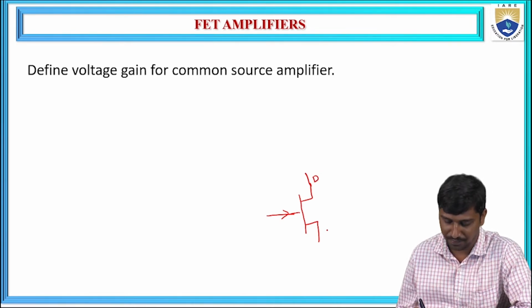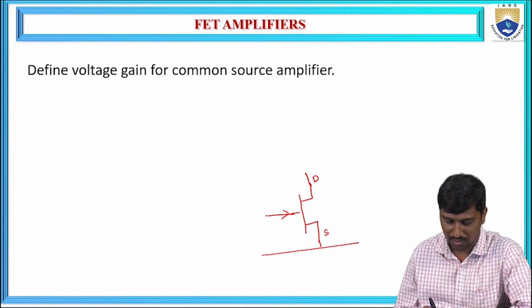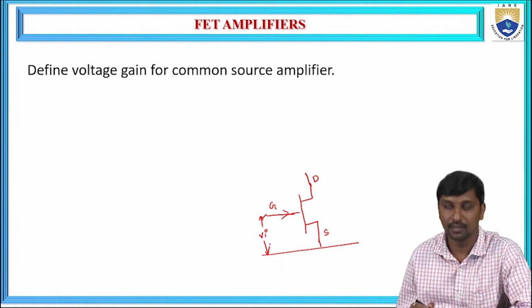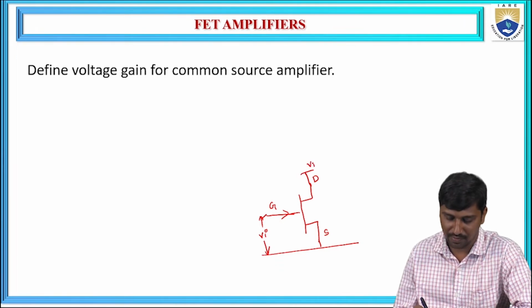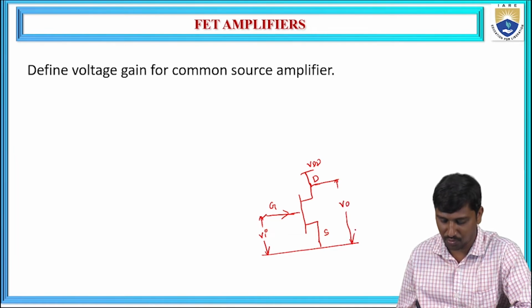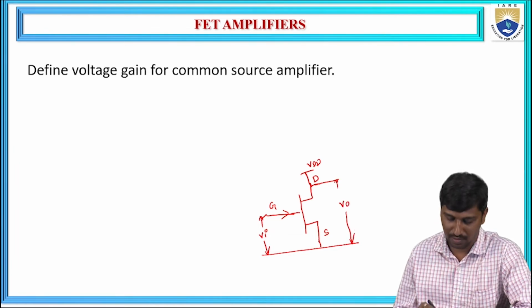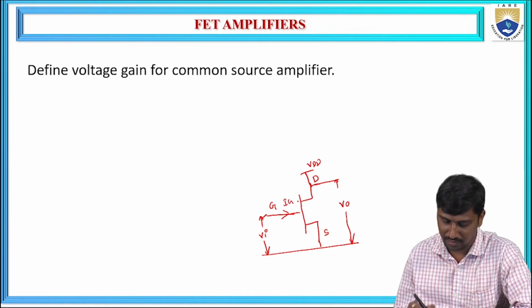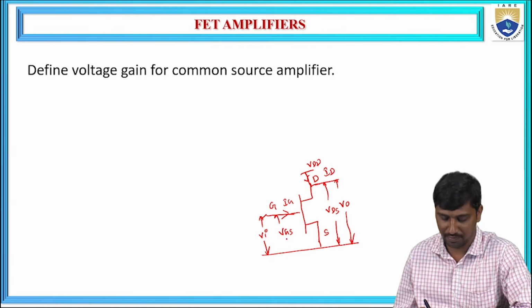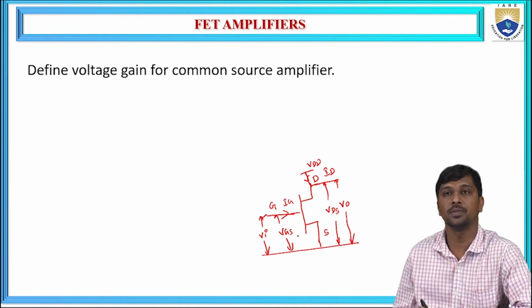Hence this is the drain, source, and input is passing through the gate. Let us say this is Vi. It is biased with the VDD, and output is taken from the drain to source. Let us take this is Ig, and the drain current is ID. In between the voltage is represented as VDS, and input voltage is measured between gate to source.